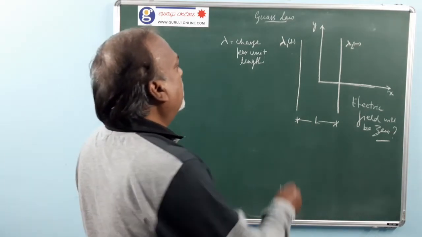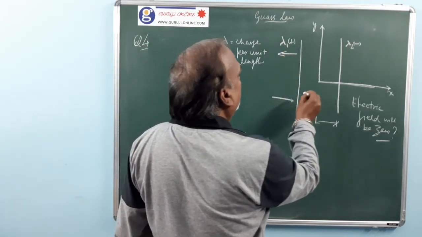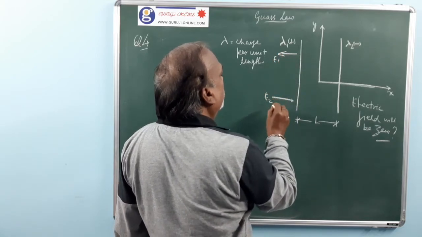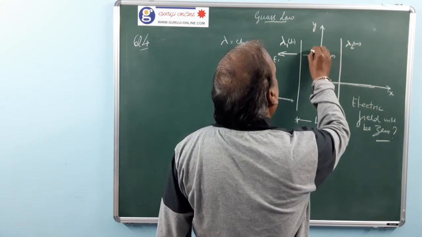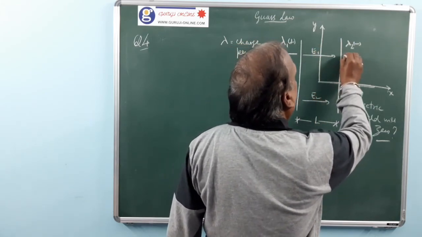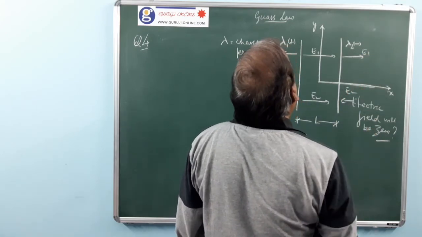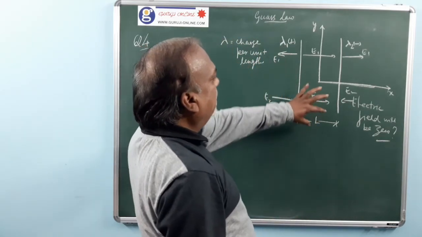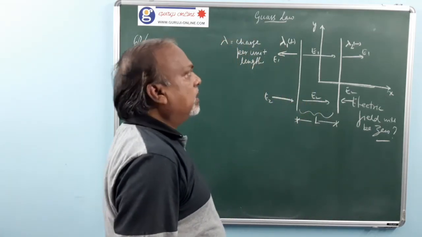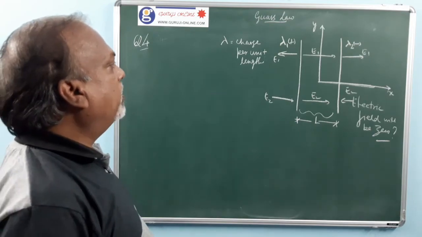Here again we can draw the electric fields like this: E1, E2. Electric field cannot be 0 in this portion because both are adding up.